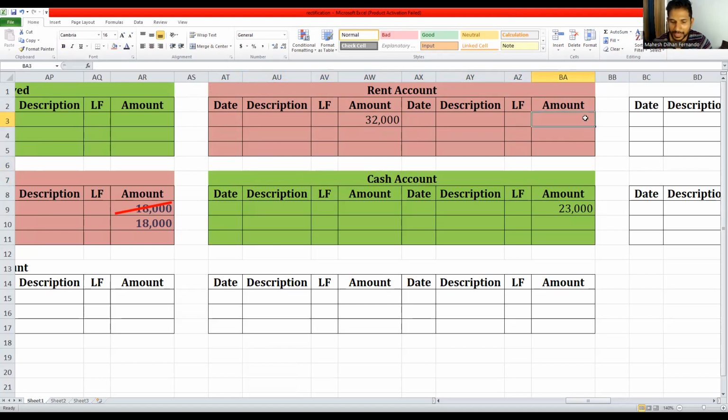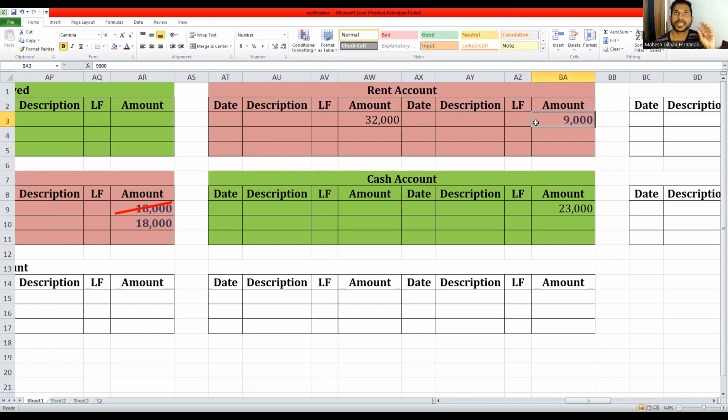If I credit 9,000 to the rent account, the balance of 23,000 is available in the rent account. So to rectify this error, the rent account is credited by 9,000.